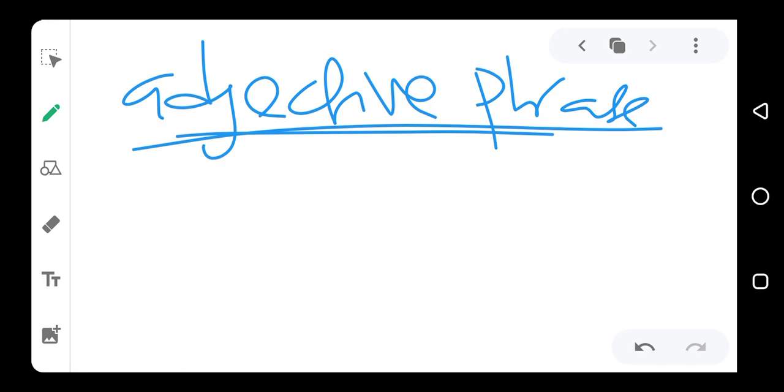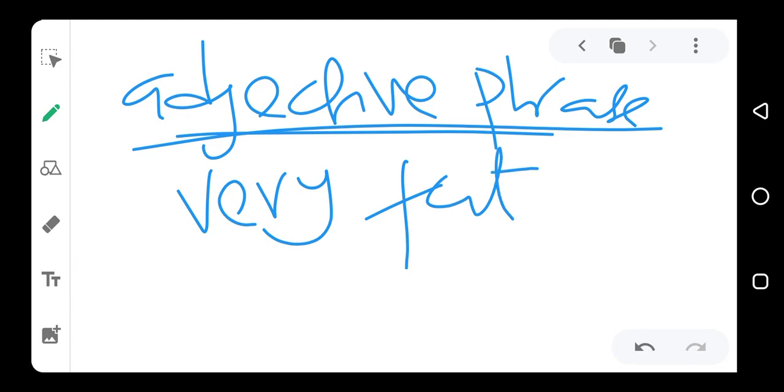An adjective and a word or words that are built around it. For instance, when we have very fat, this is an adjective phrase. The adjective is fat, and this word, very, is built around it.